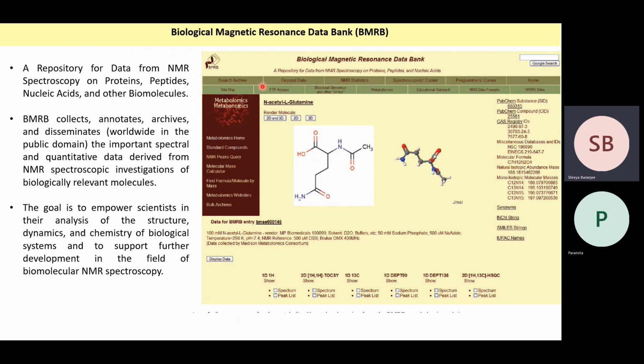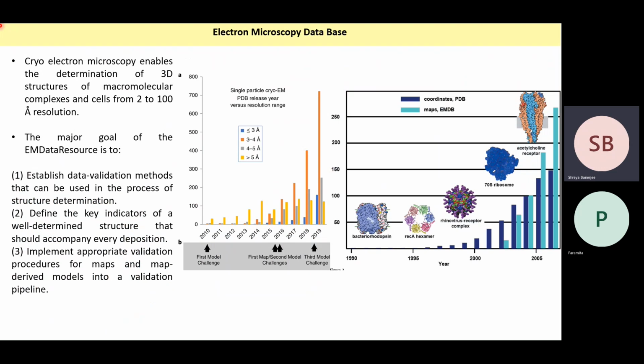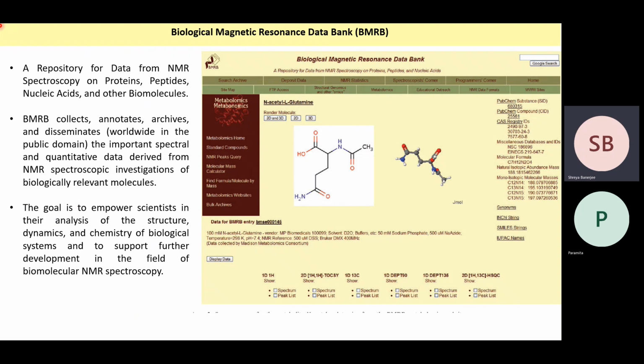Even for an unknown protein, different 2D and 3D NMR spectra are freely available in BMRB, and they can easily be accessed and compared with the NMR spectra of our unknown protein to find out any similarity in structure between the known and unknown proteins. So we have learned about 4 data banks: the protein data bank, the electron microscopy data bank, the nucleic acid data bank, and the biological magnetic resonance data bank.